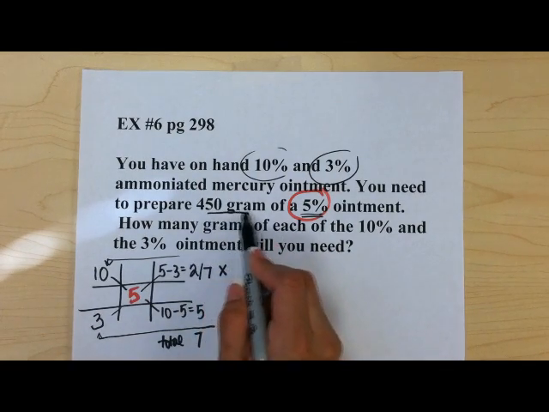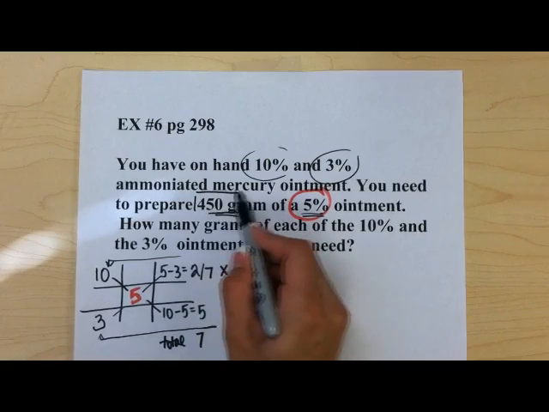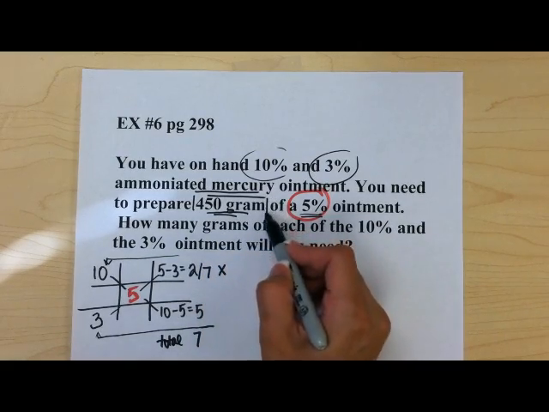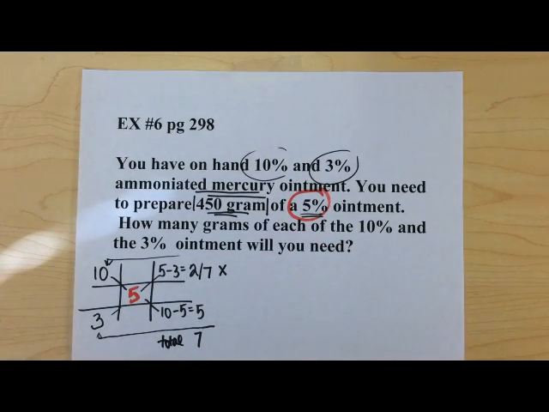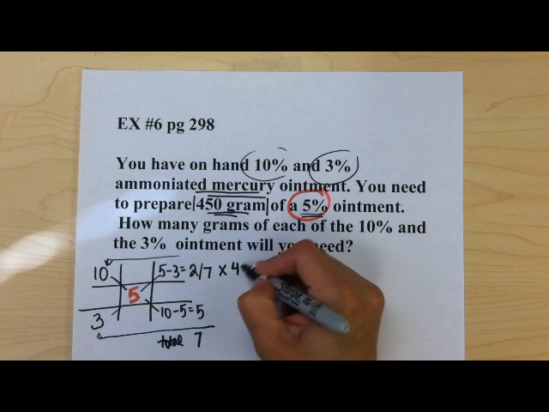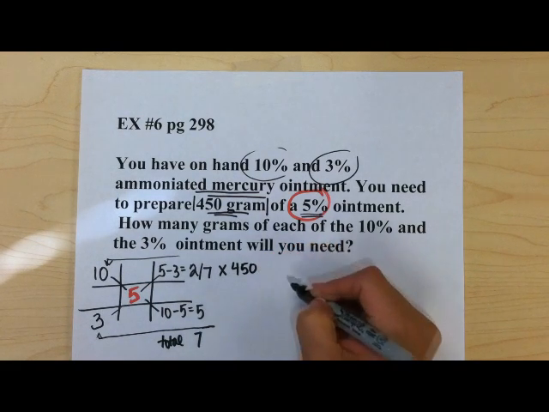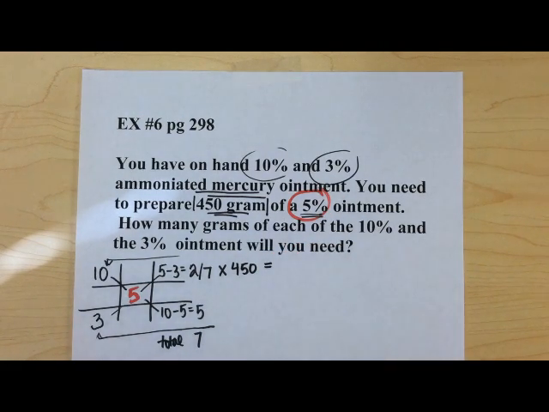I'm making 450 grams. Now see, this is important too. They already give it to us in grams, so I don't have to worry about converting that. In some cases, they might give it to you in a different unit, so be sure that you are in grams, or milliliters if it was a solution.